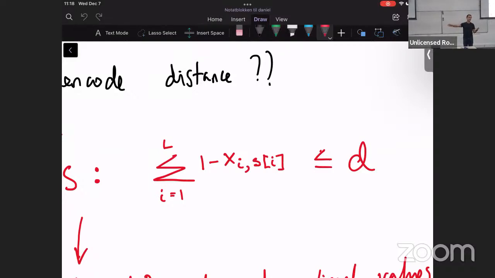I can write the inequality with a variable on the right-hand side, but then when I try to feed it to my solver, I just move it to the left with a negative coefficient and put 0 on the right, yeah? But it's more convenient to write it in this way. So we have now that for every string, the distance from the center string to that string should be at most D.